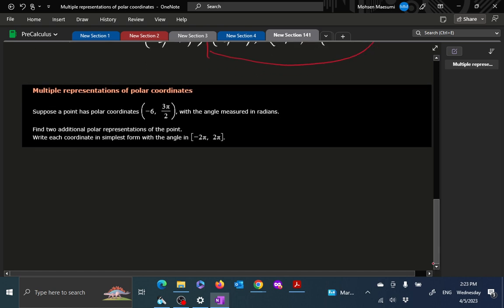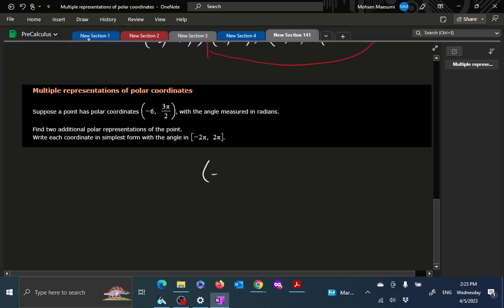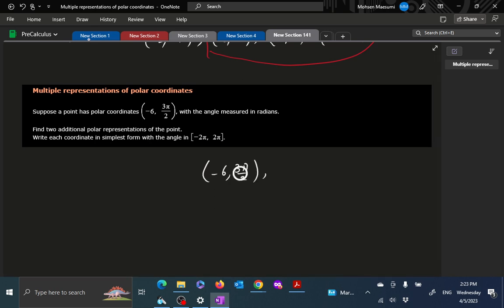So here I have minus 6 and 3 pi over 2. Okay, we add 2 pi to this, so I'll have minus 6, and this is 7 pi over 2. Okay, so I added 2 pi.